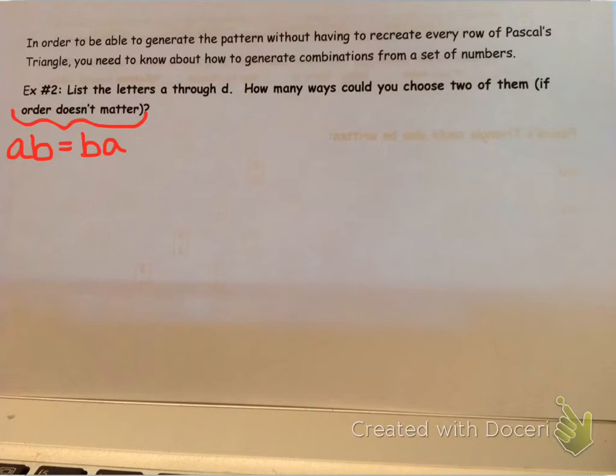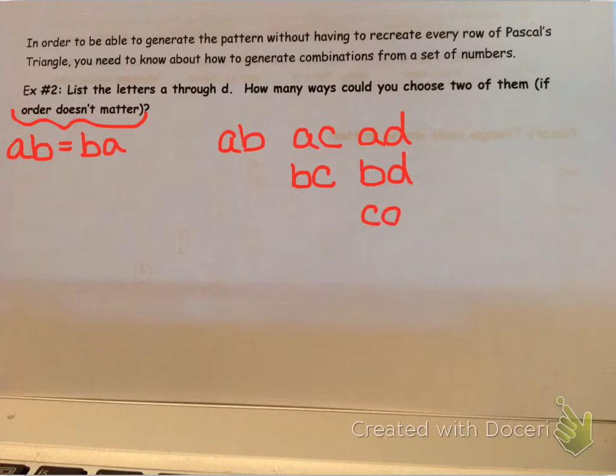So if I listed all the ways that I could choose two of the letters from A through D, for example, I could choose A and B together. I could choose A and C together. I could choose A and D together. But I could also choose B and C together, and B and D together, or I could choose C and D together.